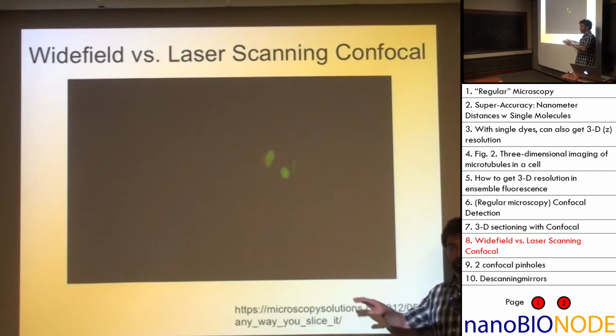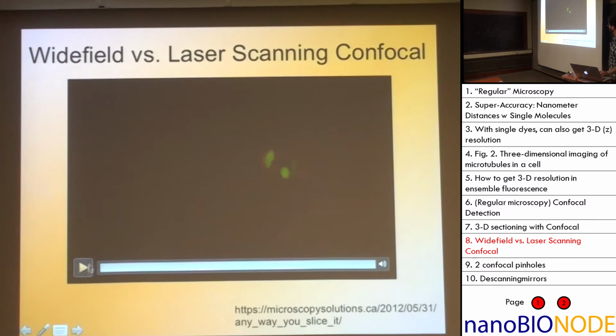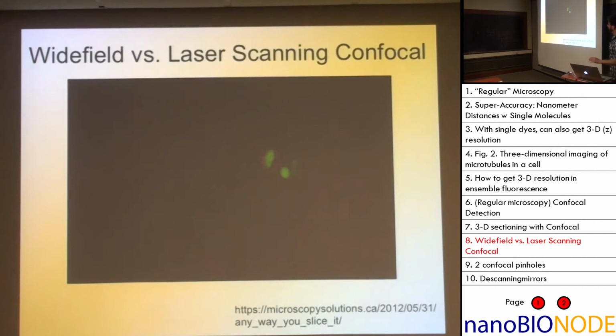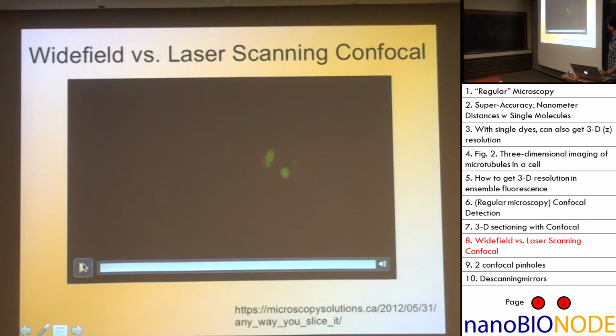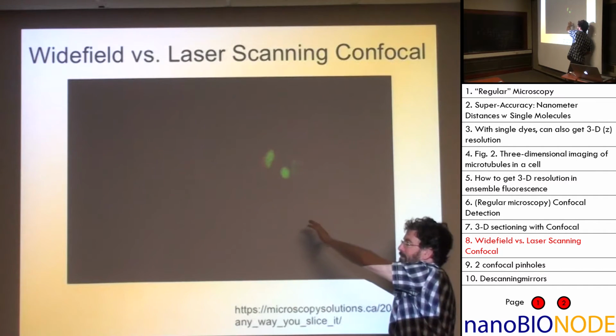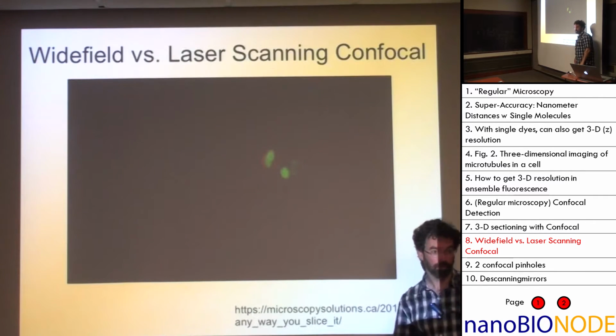In contrast, if you want to do wide field, you want to see everything, and basically this is all discriminating along the z-axis.